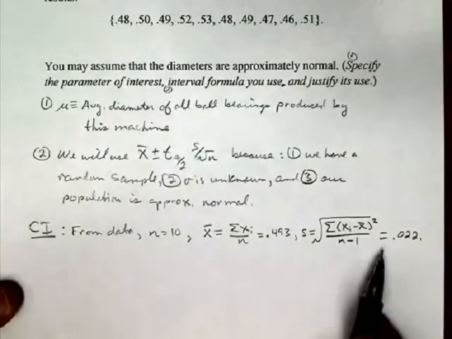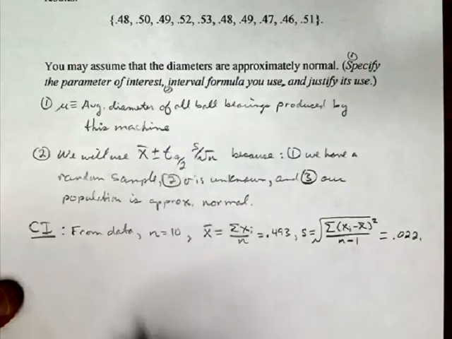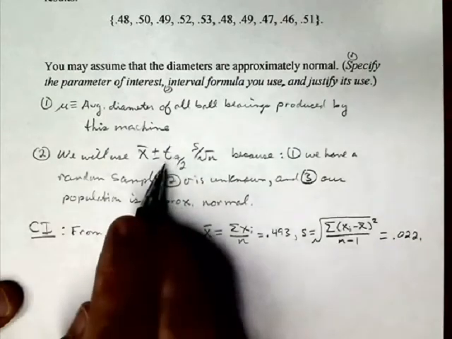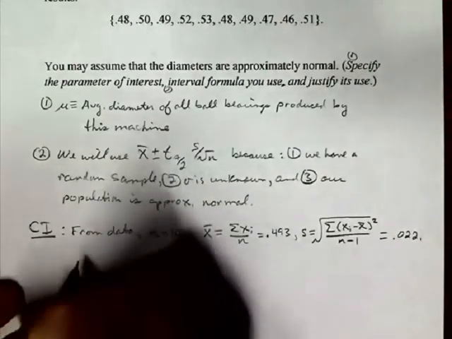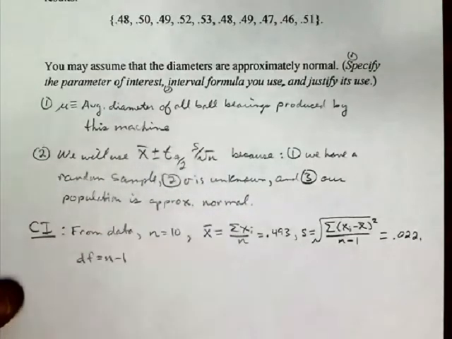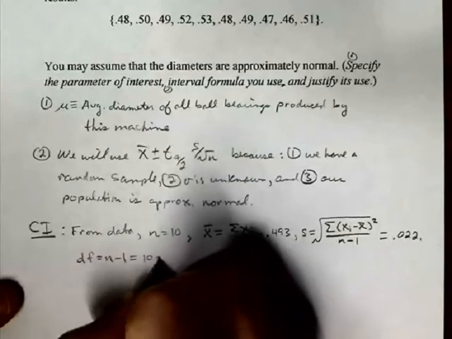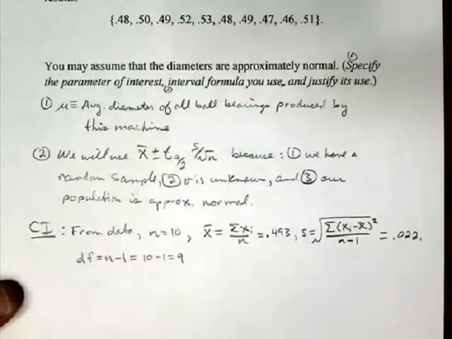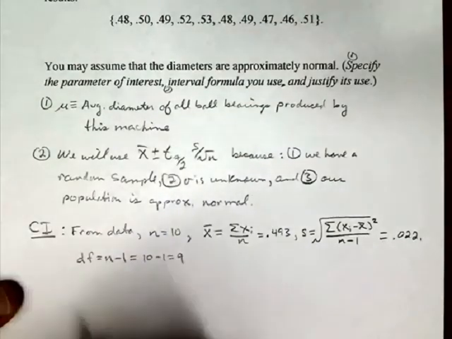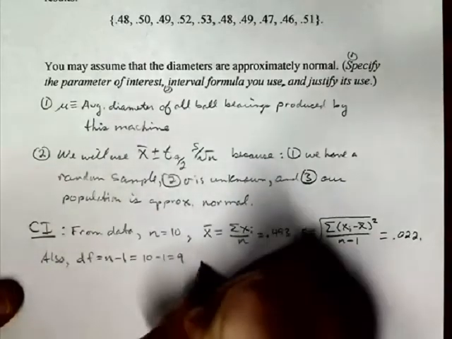So this is from the data, but to use this formula we need t. Well, the t depends on the degrees of freedom, right? If you recall, the degrees of freedom is n minus 1. So here the degrees of freedom is 9.